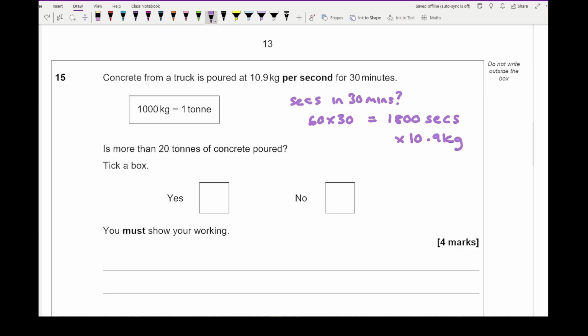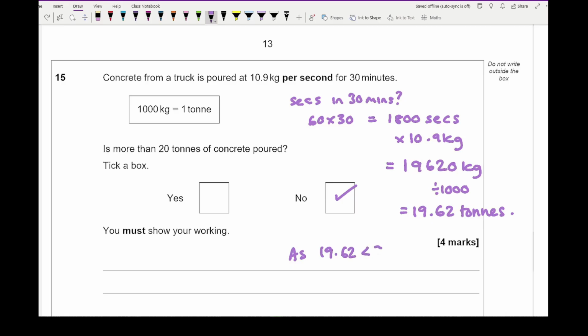Typing that into my calculator, 1,800 multiplied by 10.9, and that equals 19,620 kilograms. Then if we divide that by 1,000, we get 19.62 tons. And the question, is it more than 20 tons? The answer is no, as 19.62 is less than 20.